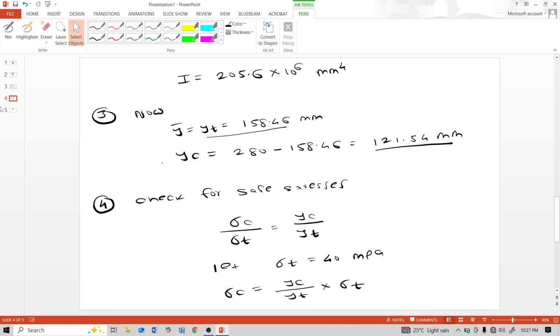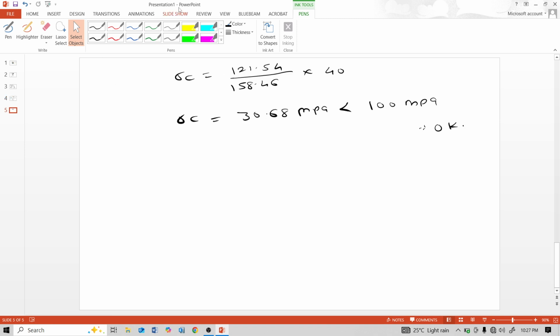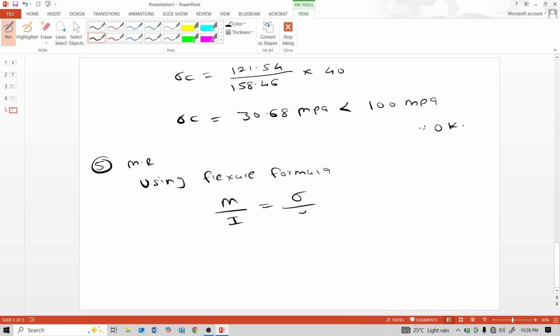Now the next step is to find the moment of resistance. For finding the moment of resistance, we have to use the flexure equation. Using the flexure formula, M by I is equal to sigma by y.